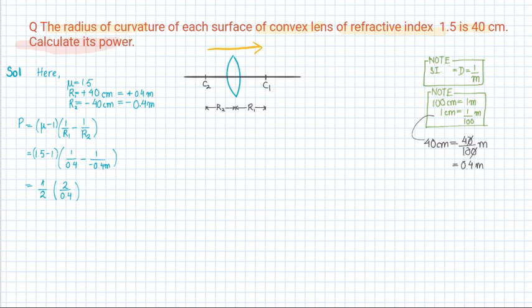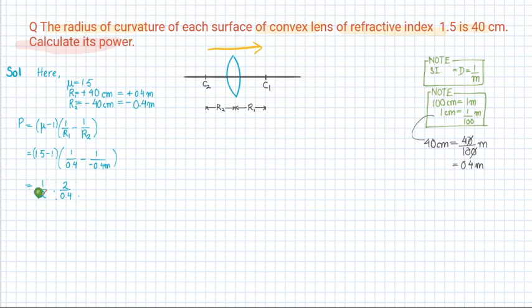So I can open this bracket. This 2 and this 2 can get cancelled, so I'll just cancel them out.